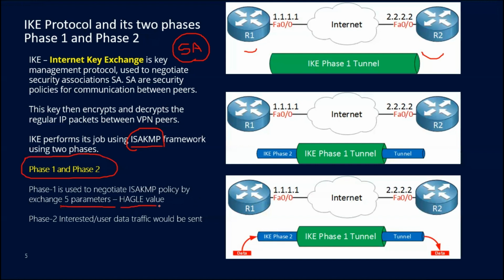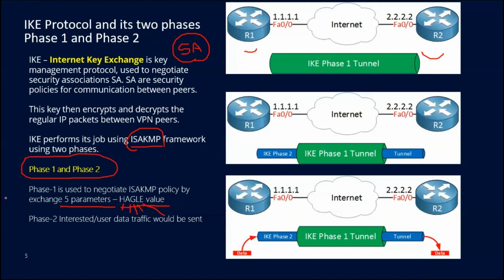And we can remember those parameters like this: we can say HAGLE value. H is hashing, A is authentication, G is group, meaning which Diffie-Hellman group you are using, L is lifetime, and E is encryption.